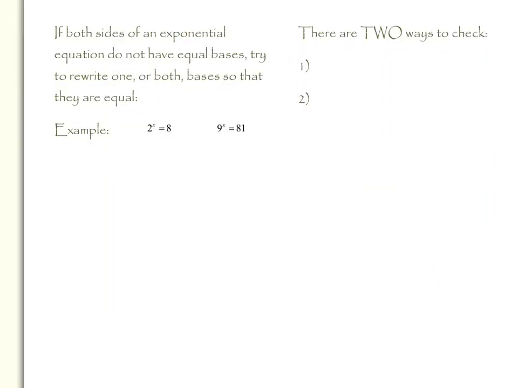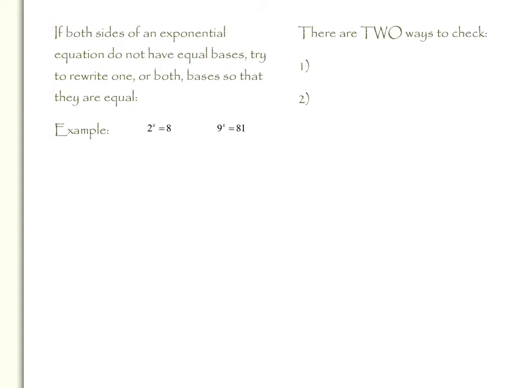Now let's look at a couple of examples. So let's look at our first example. 2 to the x power equals 8. Now we just learned on the previous page that if we had two bases that were alike, then our exponents would equal each other. But in this example, our bases are not the same. One base is 2 and one base is 8. So let's look right up here and let's read this.